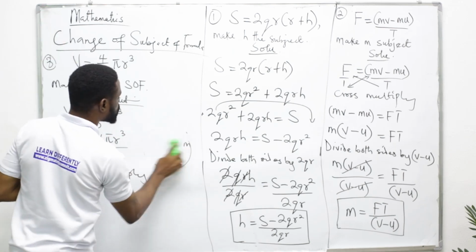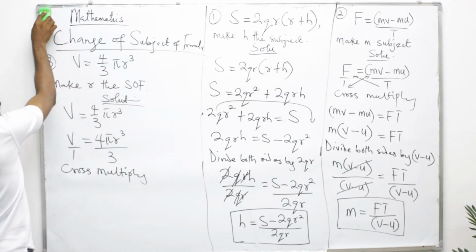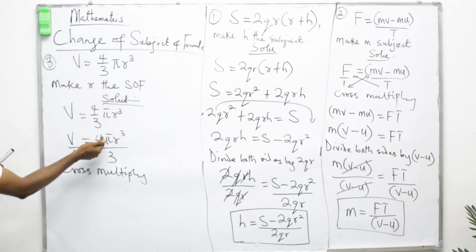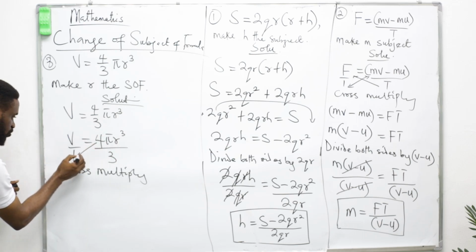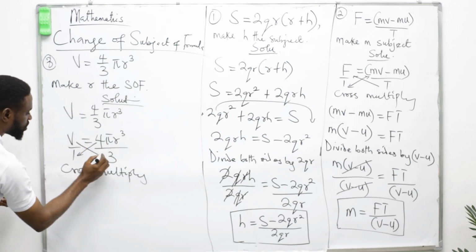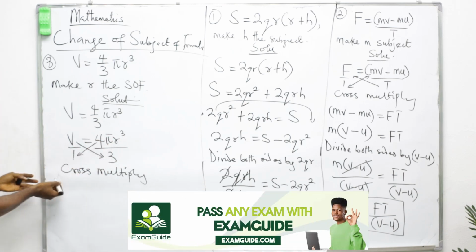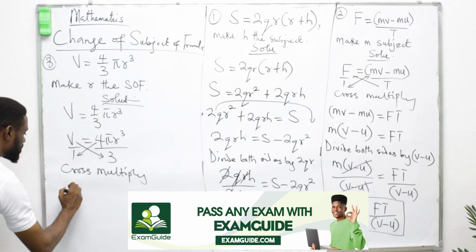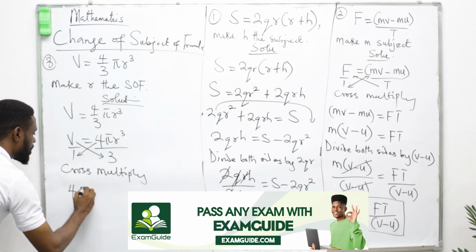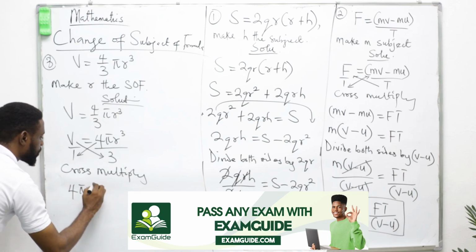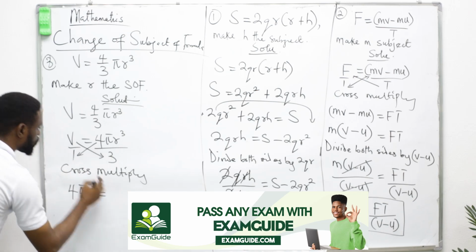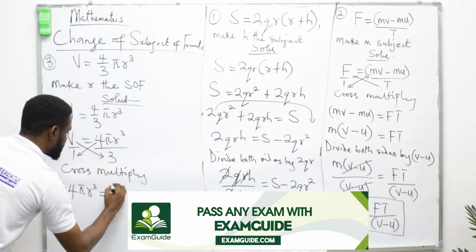That is why I would want my 4 pi R cube to multiply this way. Anything multiplied by 1 is that thing. So 4 pi R cube is equal to V times 3, which is 3V.